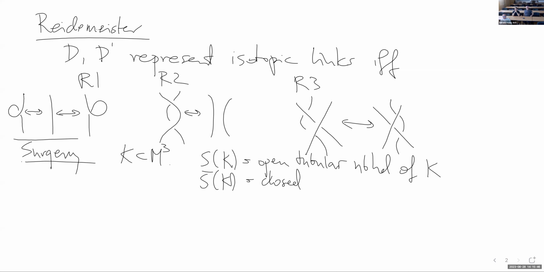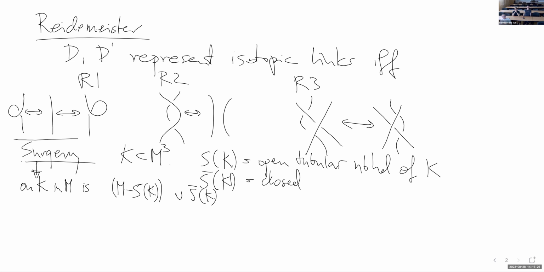And so a surgery on K in M is something which is obtained by taking the complement of the open tubular neighborhood, and removing the open tubular neighborhood creates a boundary which is a torus. Take a union of it with this closed neighborhood, which is a solid torus. They're both solid tori, just open and closed.